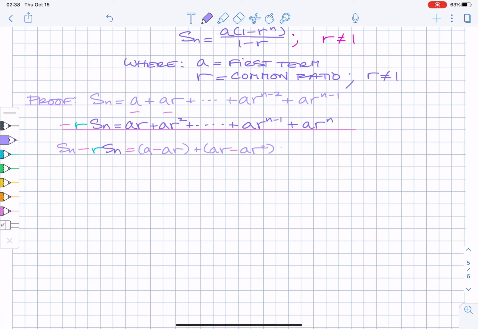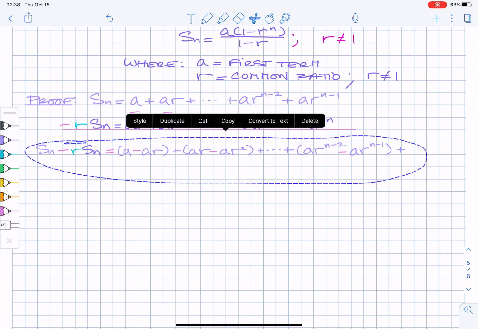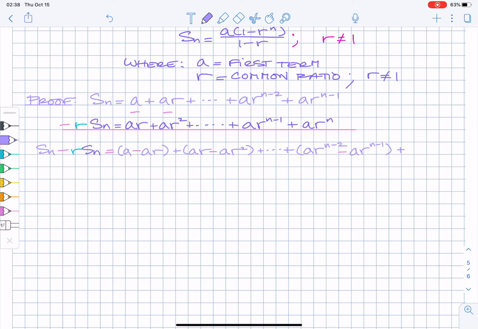Then I'm going to add ar to the n minus second minus ar to the n minus first. I don't have a lot of room, let me move this to the left. Then I'm going to have ar to the n minus first minus ar to the n.